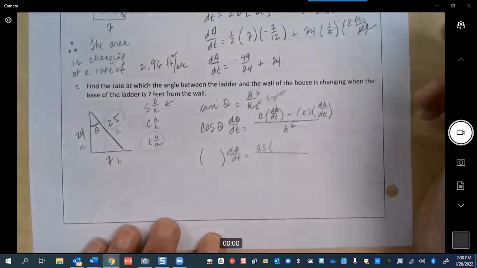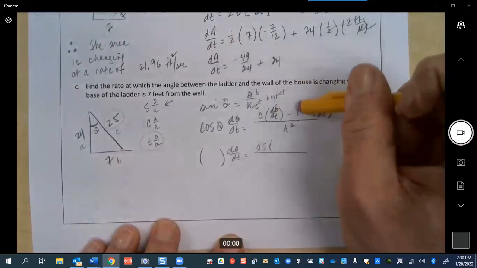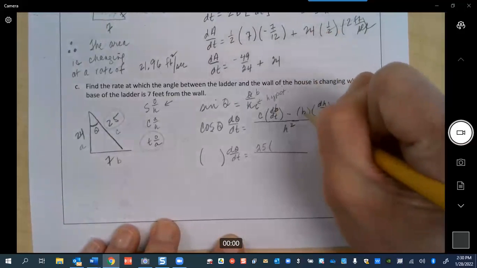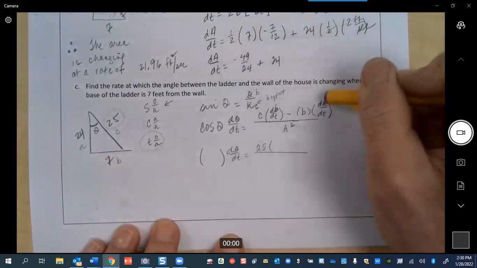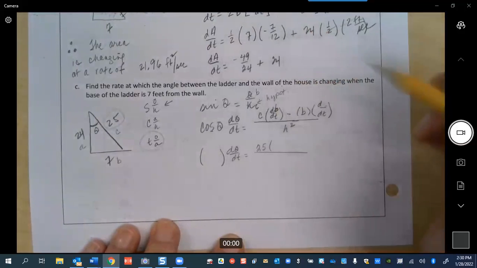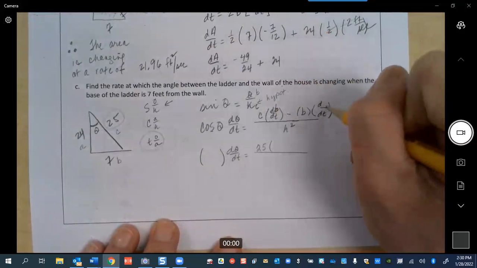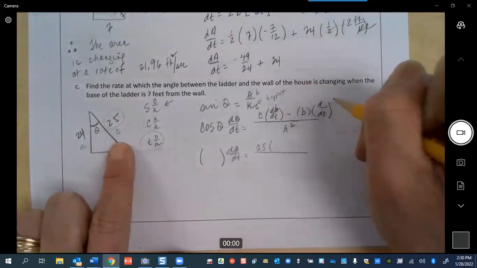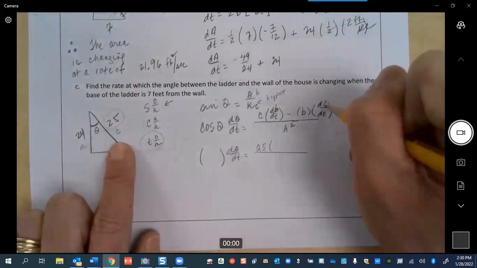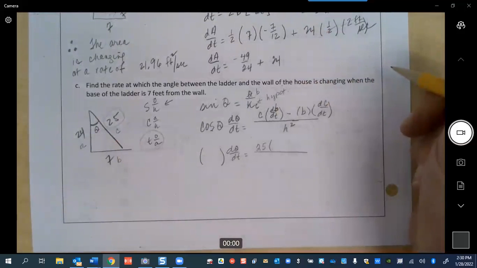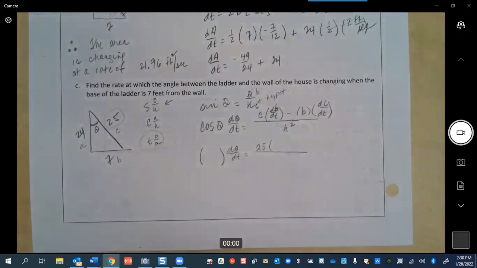Just to keep it straight. Because this DH needs to be this one.